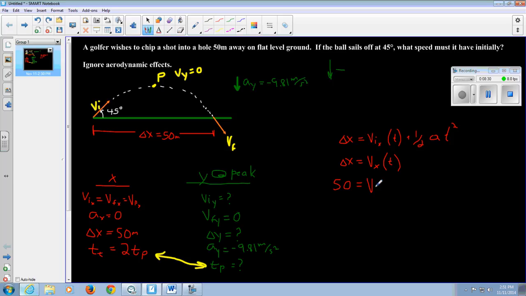We still don't know our velocity in the x direction. And the time is our total time. Okay, so we've got an equation here with two unknowns. So we're going to need a second equation.